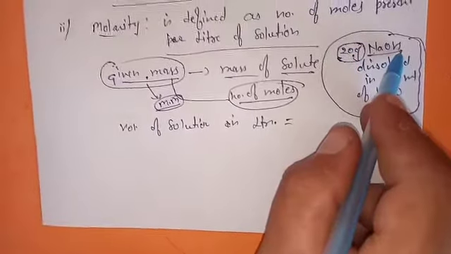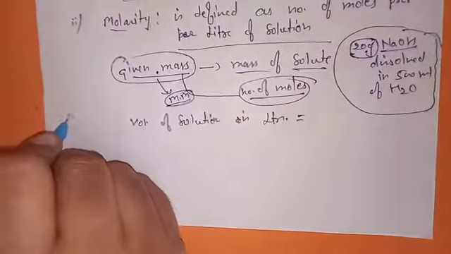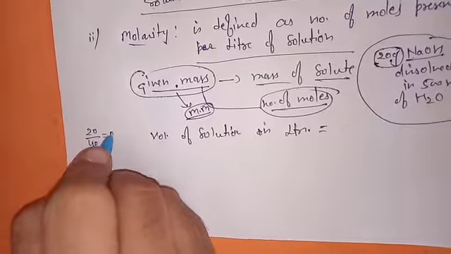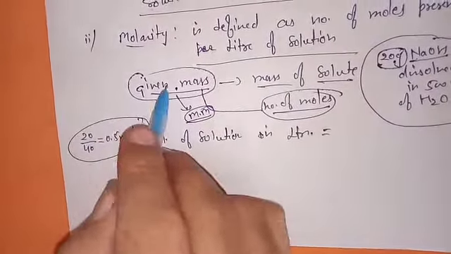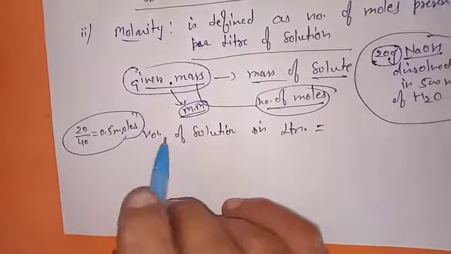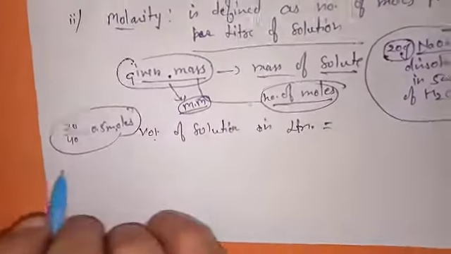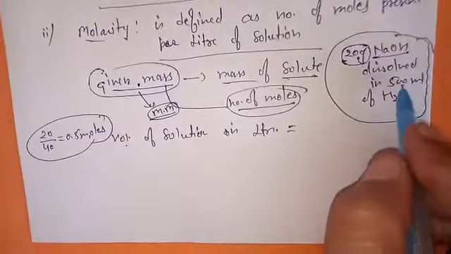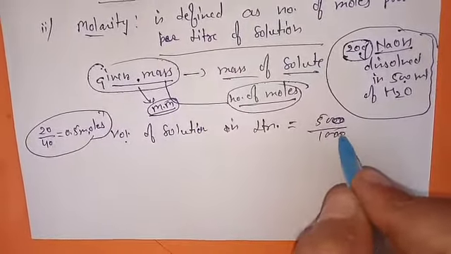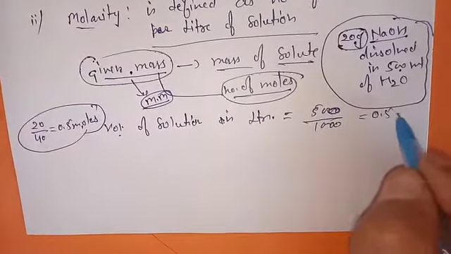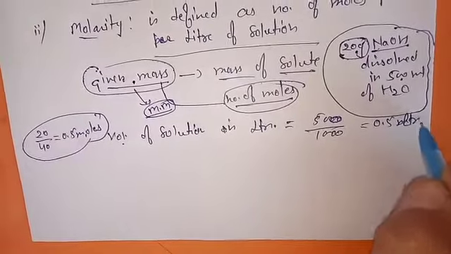The molecular mass of sodium hydroxide is 40, so the number of moles will be 20 by 40, that is 0.5 moles. Next, convert the volume of solution into liters: 500 ml divided by a thousand gives 0.5 liter.